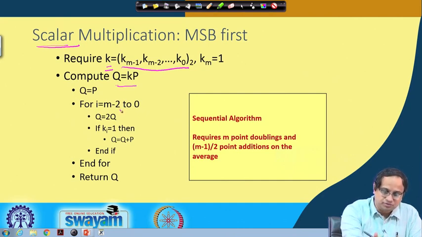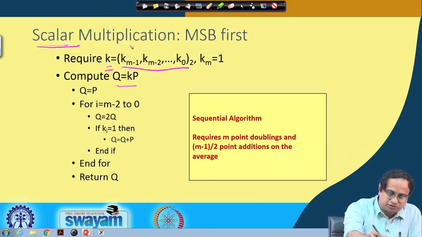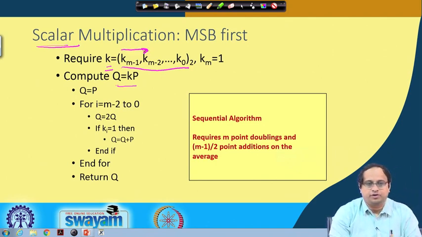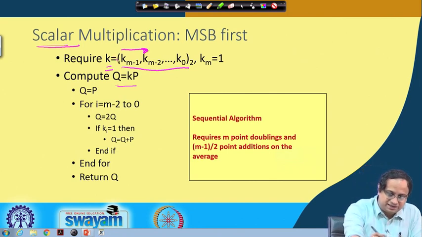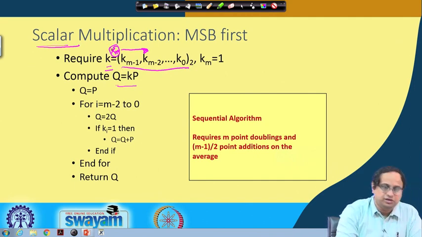But now I will try to process it from the MSB. This is your most significant bit, so we try to operate from this side. Note that we assume that in this expansion the previous term, that is km, is implicitly 1.